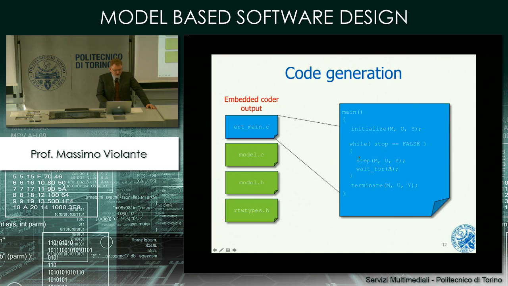We invoke the model step function that, starting from the current state and current input, produces the output and the next state. Then we have to wait for the simulation step, so we wait for delta, and we repeat.